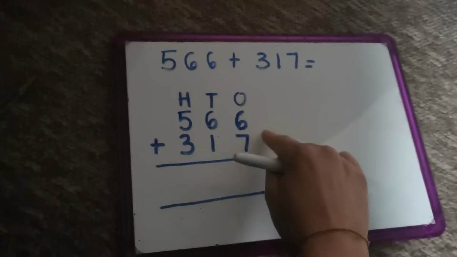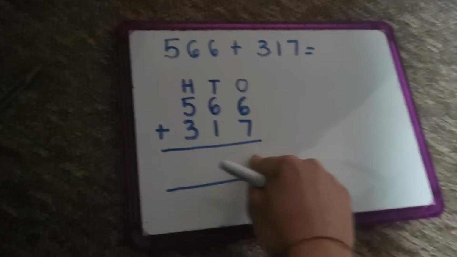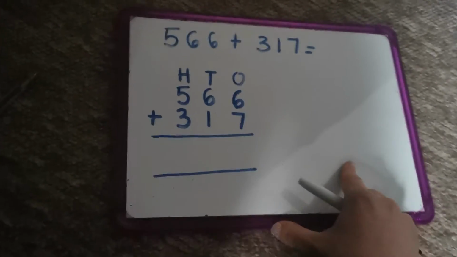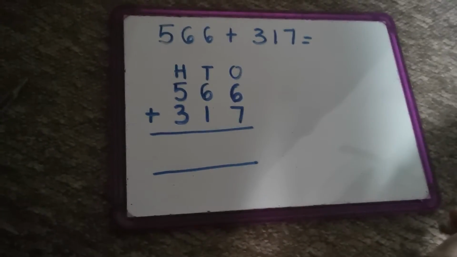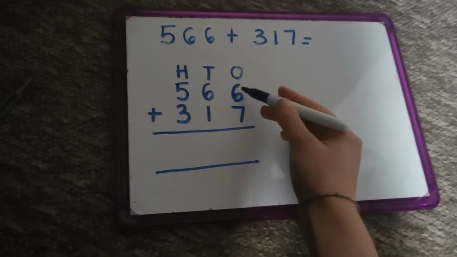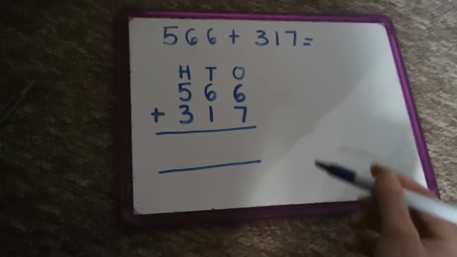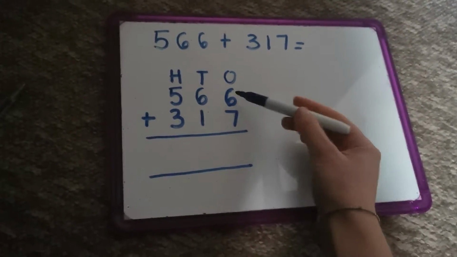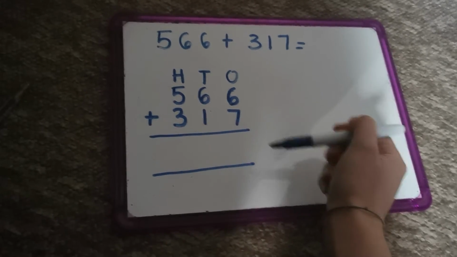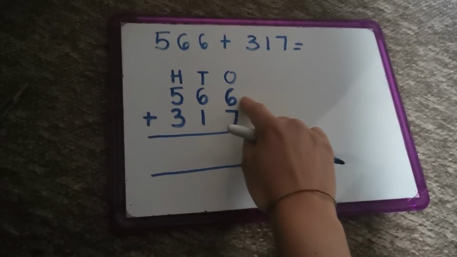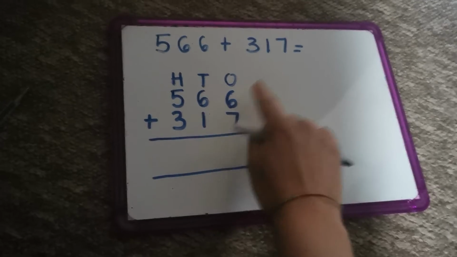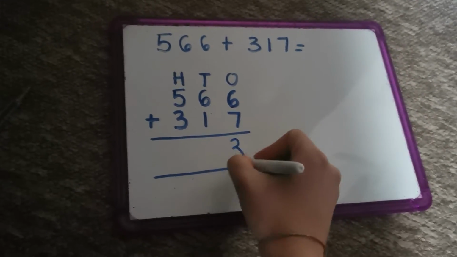Make sure you always start with the ones, especially if you're going to cross over into the next column. Otherwise you might find yourself with the incorrect answer. So 7 add 6, I might use my near doubles. 7 add 7 is 14. Because I've got one less, I'm going to subtract 1. So that will be the answer of 13.